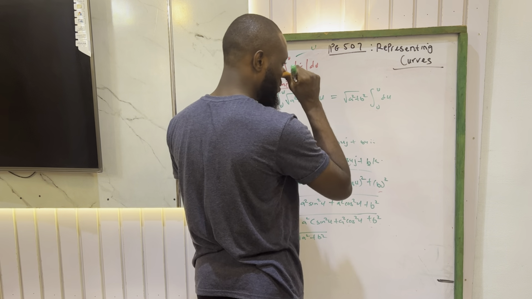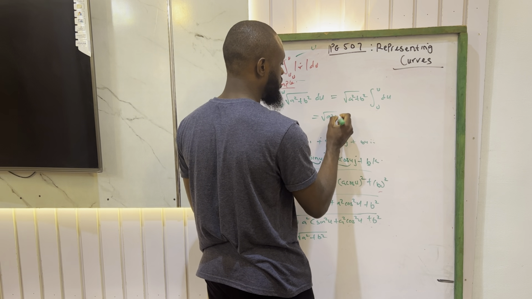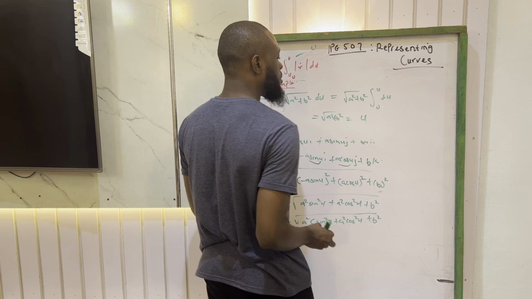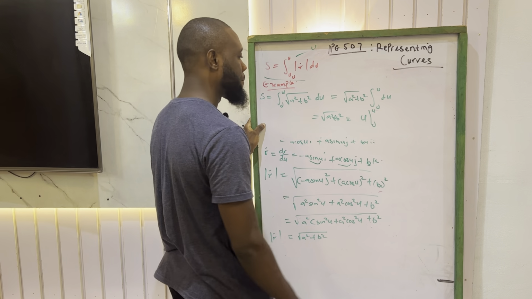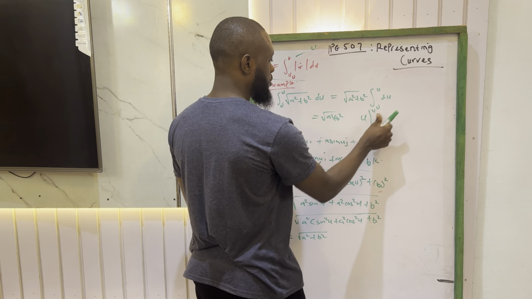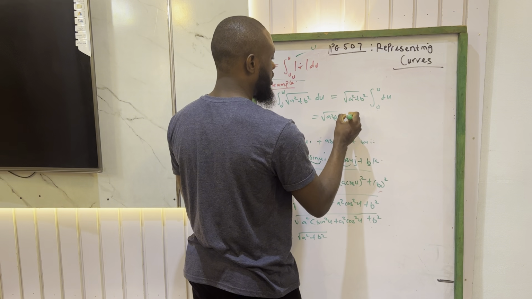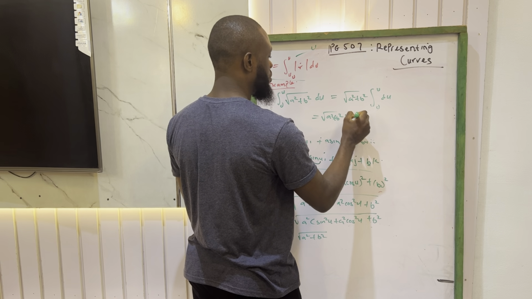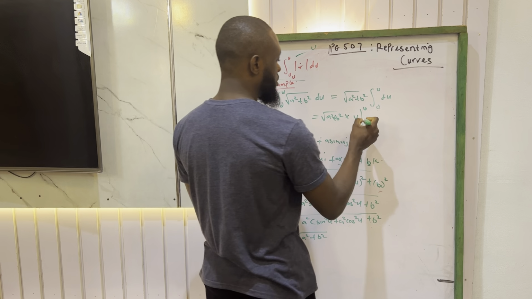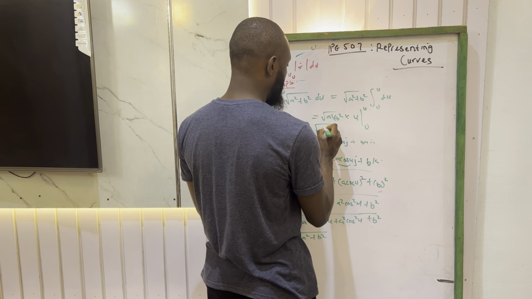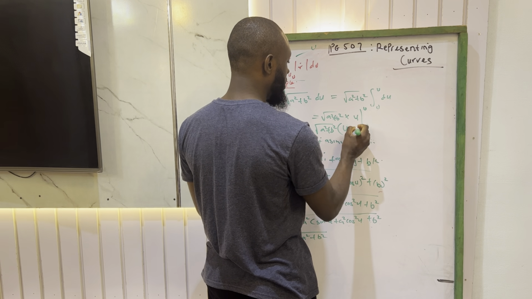When we integrate du with respect to u, we get u. But we have boundaries, so we have 0 to u. So we have the square root of a squared plus b squared open bracket u minus 0.